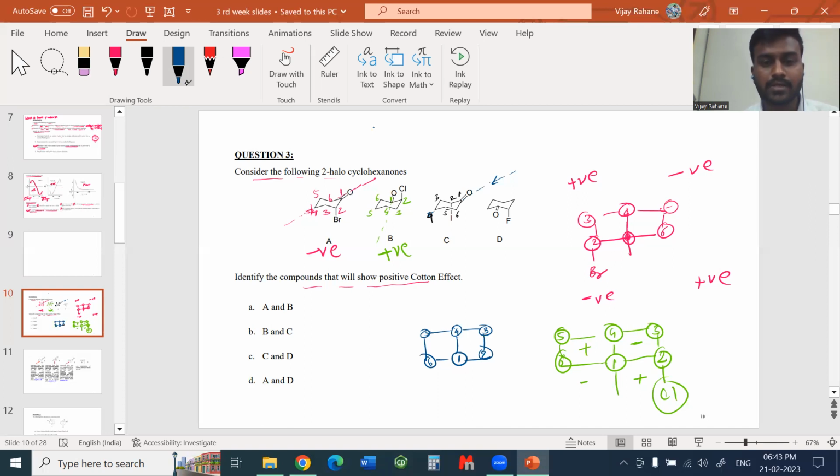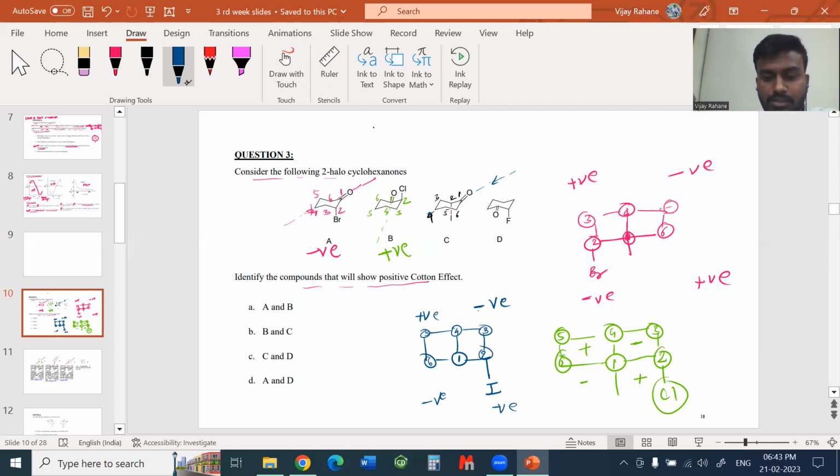And where is this iodine attached? Iodine is axial, right? So iodine is here, and we can see where it is. This is negative, positive, negative, positive. This quadrant we should always keep in mind, since these are the rear side, so the sign of this quadrant is opposite to our Cartesian coordinate, right?